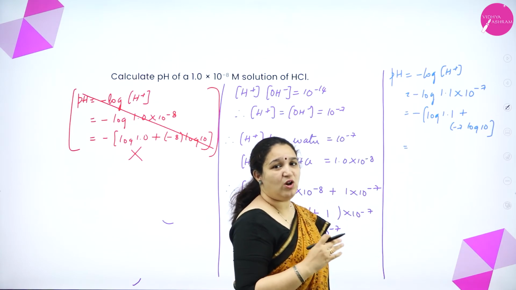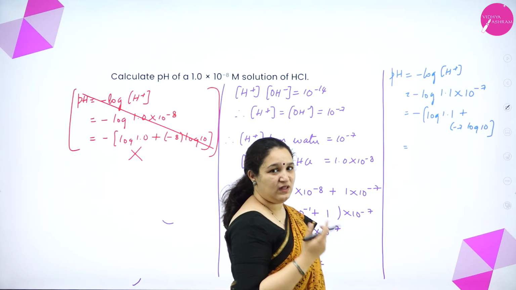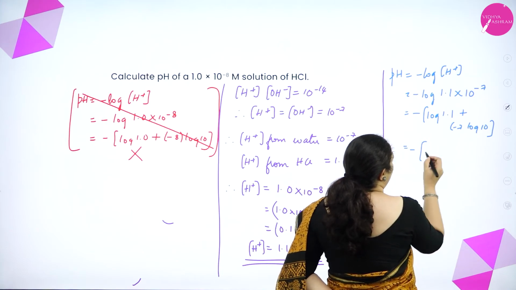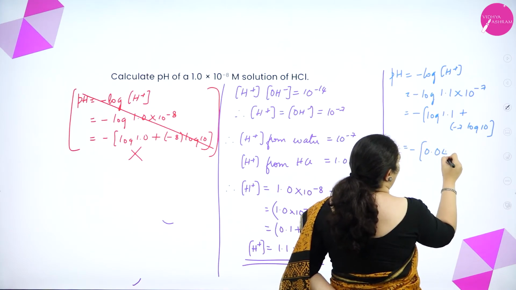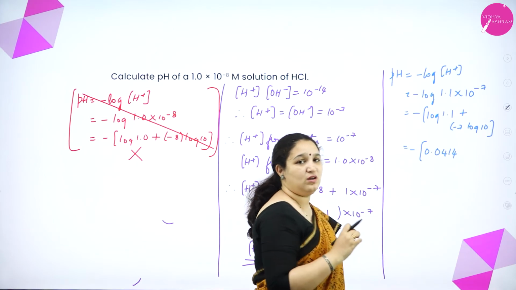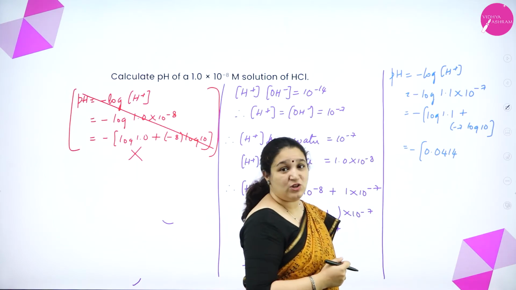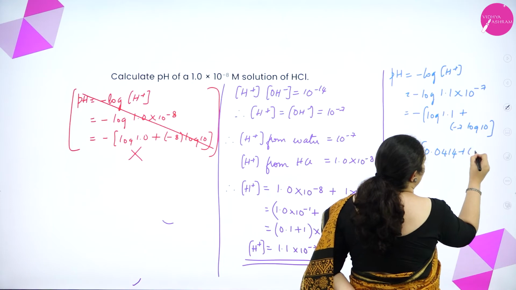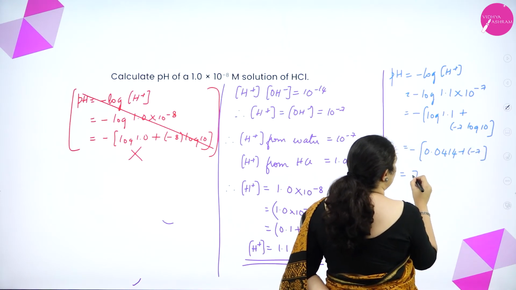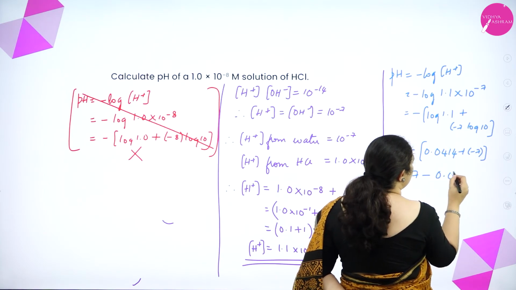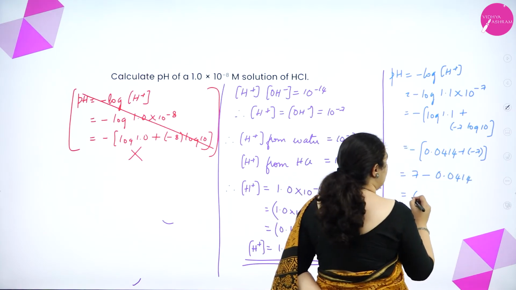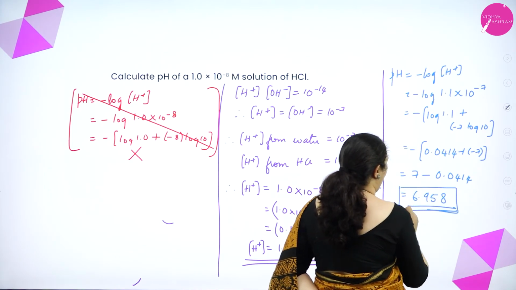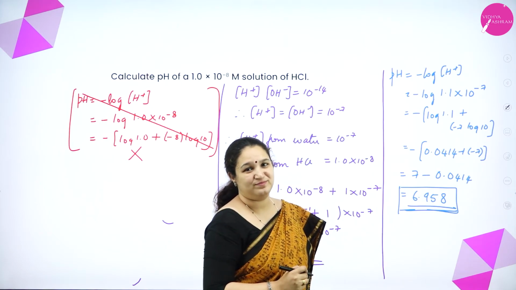I just used the formulas log A into B and log A to the power B in the same equation. So, log of 1.1 is 0.0414. That is nothing but log of 11 minus 1. So, 0.0414 is the value you will get, plus minus 7. So, this will become 7 minus 0.0414, which is equal to 6.958. So, this is the pH of the HCl solution, correct?